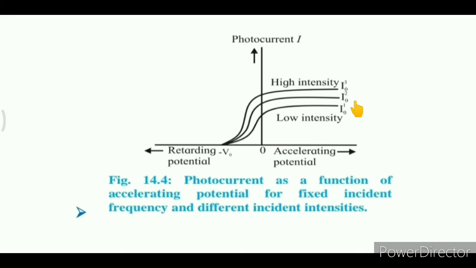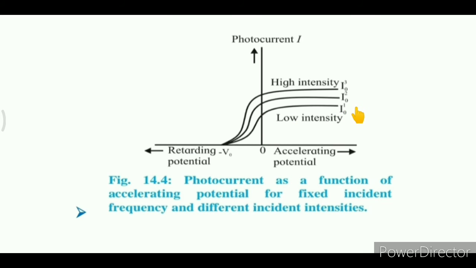That means the saturation current increases proportionally. For example, if we make the intensity double, the saturation current is also doubled. From the graph itself it is very clear that the nature of the graph we get is the same.